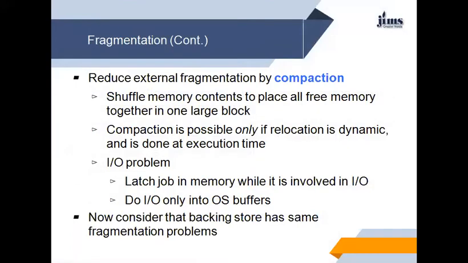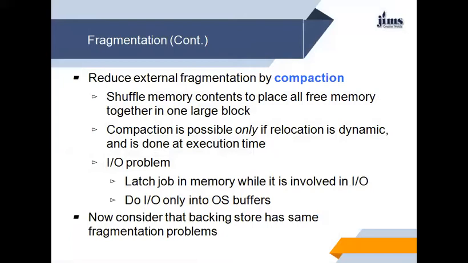To reduce external fragmentation, a compaction policy will be adopted. Shuffle memory contents to place all free memory together in one large hole. I mean to say, whatever free memory is situated in different places, try to place all the free spaces in one place so that a big hole can be created and a large process or large block can be accommodated.